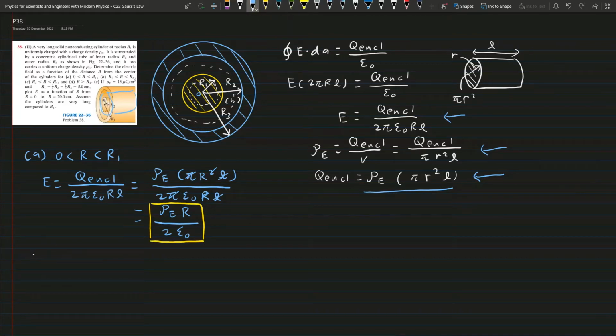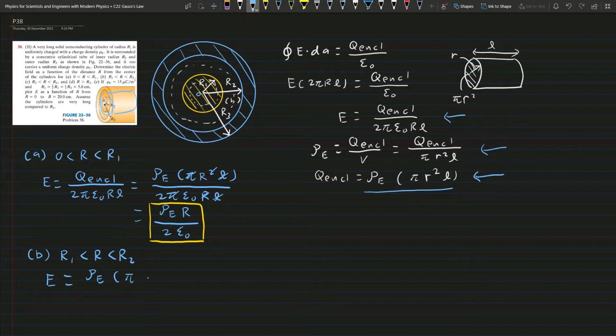Now we proceed to B. In case B, R is between R2 and R1. You can see in this case we fully enclose the internal solid non-conducting cylinder inside here. So in this case, this small r will equal R1.